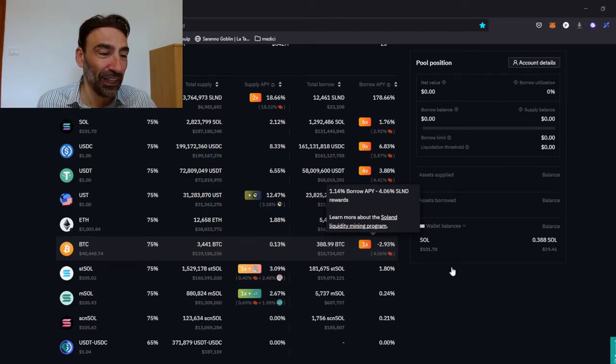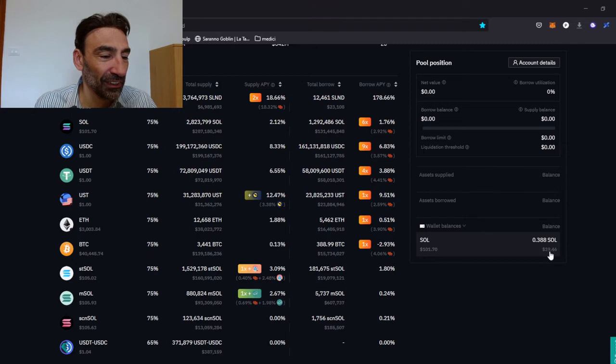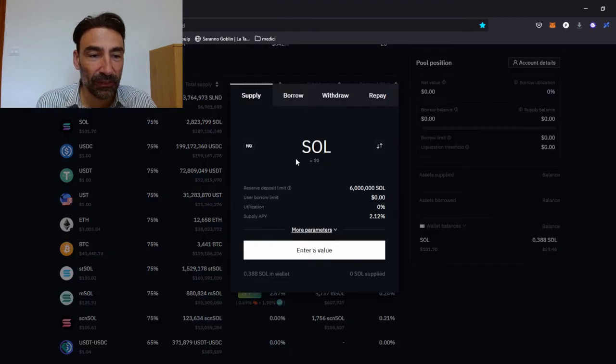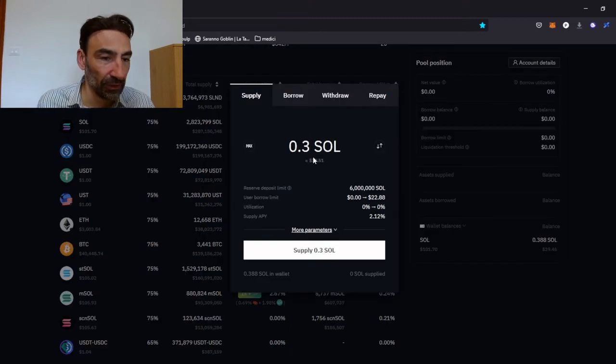So we'll do this one. I have some 39 Solana here. So I will first deposit some Solana. I go here to Solana. I deposit 0.3. Don't deposit all of it because I need to pay the fees.